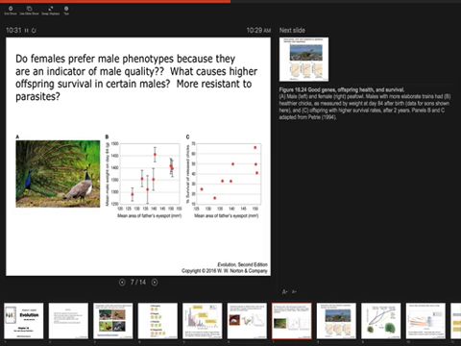So here's the mean area of a father's eye spot, and it ranges from 120 to 155. And here's the mean male weight of the offspring from that mating. What's it look like? Fathers that have bigger eye spots produce offspring that are bigger.